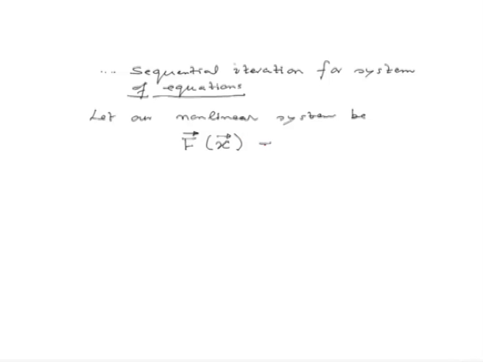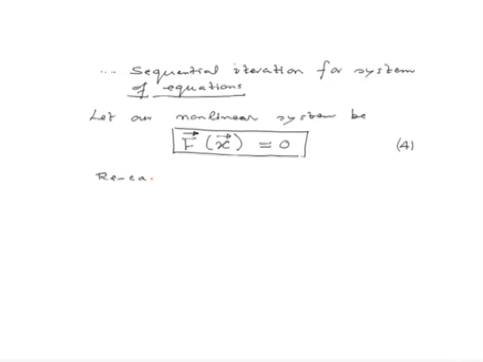So, f(x) is equal to 0. This is our non-linear system. Let us call this equation 4. Now, similar to the way we did it for a single equation, now let us rearrange it, or rather what we call recast equation 4 as x is equal to g of x.